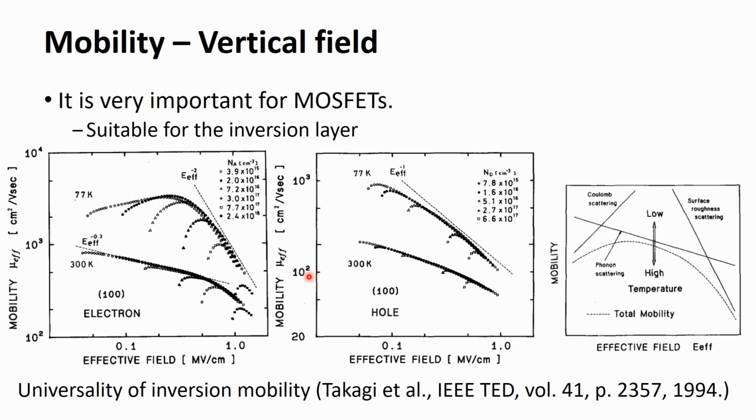The second effect is vertical field dependence. It is very important for MOSFETs. As shown in these graphs, the inversion layer mobility has a well-known universality. Although the substrate doping density is different, all structures follow the universal mobility curve.